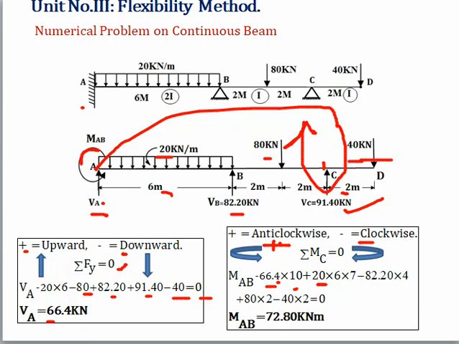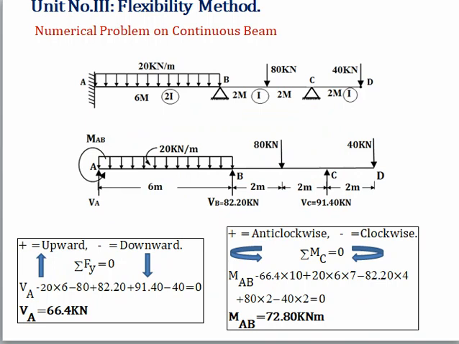Next force is the UDL acting at the center, so 20 into 6 is the point load, into the distance up to C, that distance is 3 plus 4, becomes 7. It rotates about C in an anticlockwise direction, so plus 20 into 6 into 7.